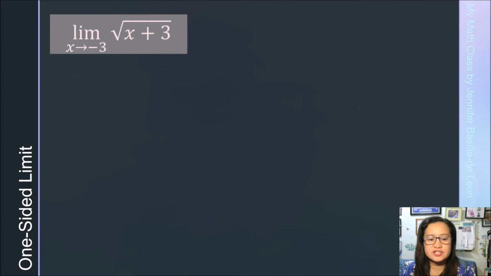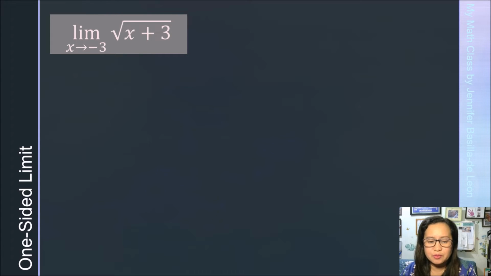Now let us consider the limit of the square root of x plus 3 as x approaches negative 3. Notice that the radicand should not be a negative number for this function to exist.